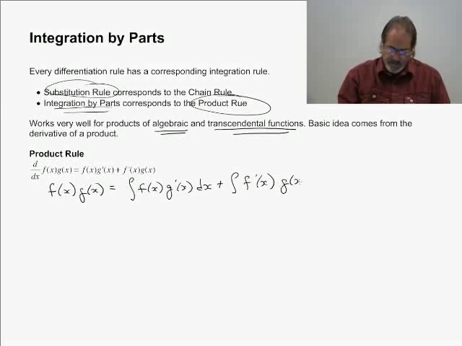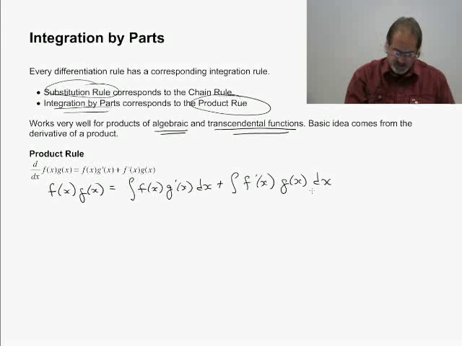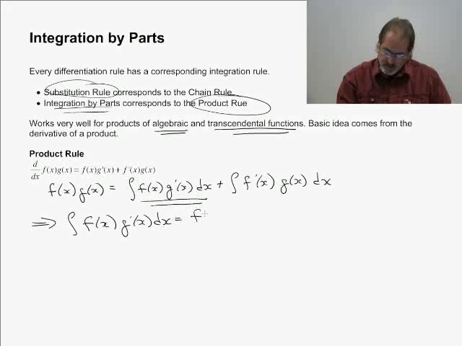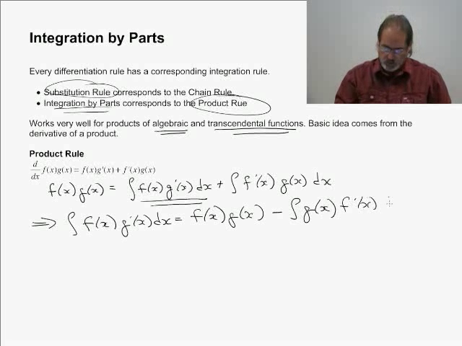I'm going to split this into two integrals right away. Now I'm going to solve this for the integral of f of x g prime of x. When I do, I get the integral of f of x times g prime of x dx is equal to f of x times g of x minus the integral of g of x f prime of x dx. I simply changed the order slightly.